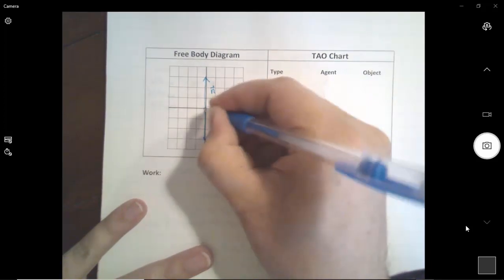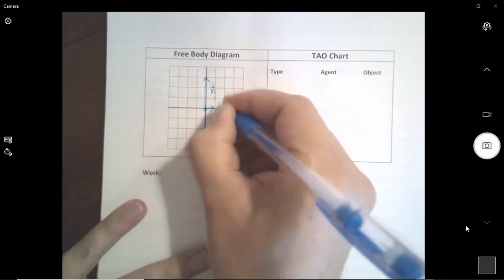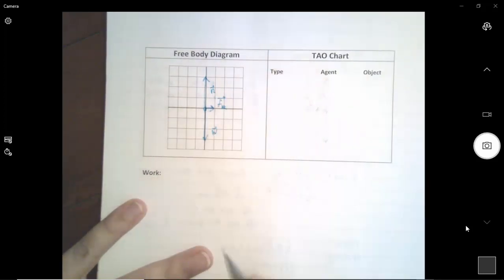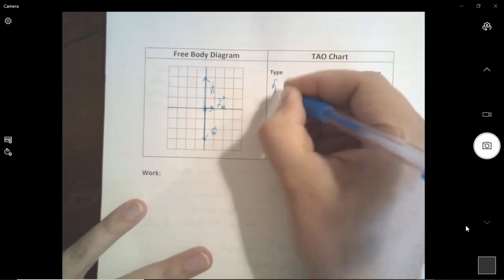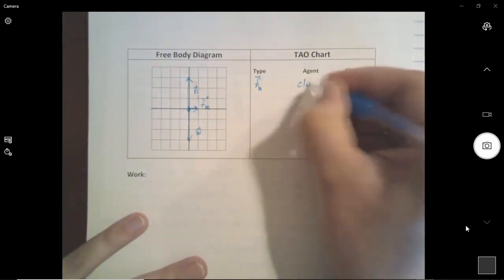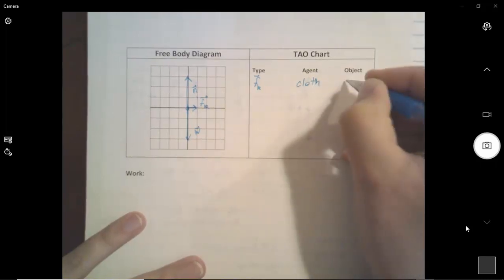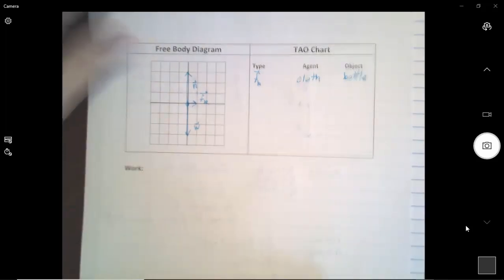We still have normal force and weight, and the only difference now is that we have kinetic friction instead of static friction. Since there's only one difference, I'm only going to make that one difference to the chart.